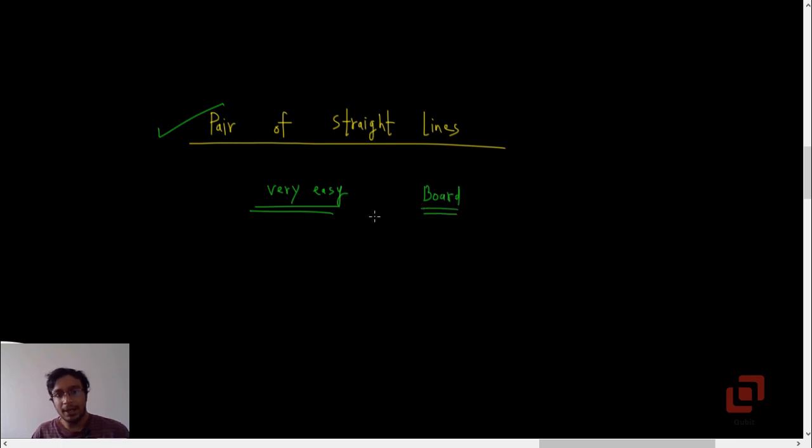The category of very easy MCQs is that in such an MCQ you may be asked something related to the sum of the slopes, product of the slopes, difference between the slopes, angle between any two lines, or two given lines I should say, and so on.